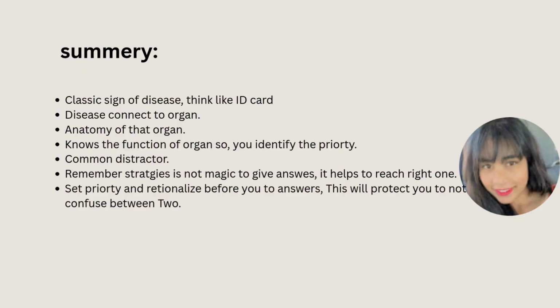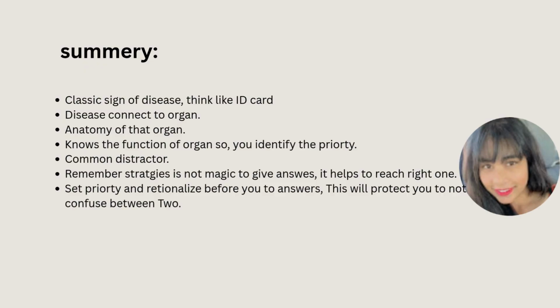So, the summary of this video is classic disease signs. Think like an ID. Since I live in Texas, I'll say think like a Texas ID, because if you do not have the ID, you do not have the identification, so people are unable to identify you. It's like an identification card. Each disease has its own identification card, meaning each disease has its own classic signs.